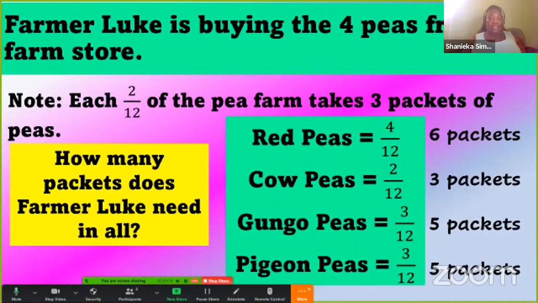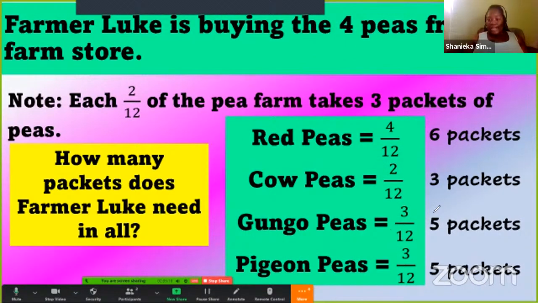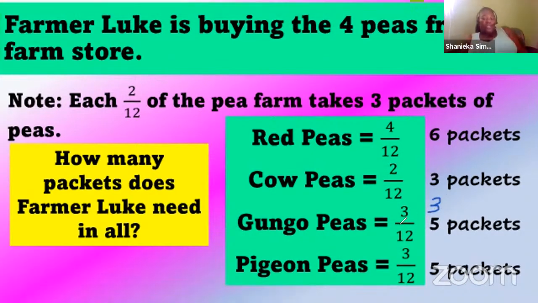Let me annotate. We need 3 packets for 2 12s, and we have 1 12 left. The 1 12 is half of the amount of packets that we're going to need, because 1 12 is half of 2 12s. And if 2 12s needs 3 packets, that means 1 12 would need 1.5 packets.